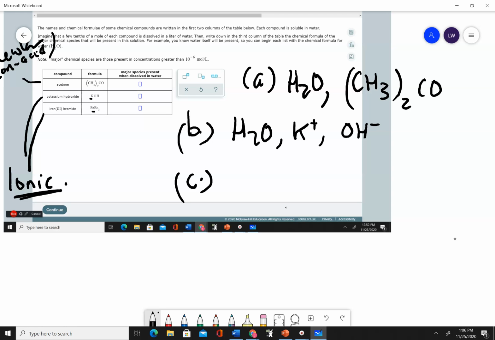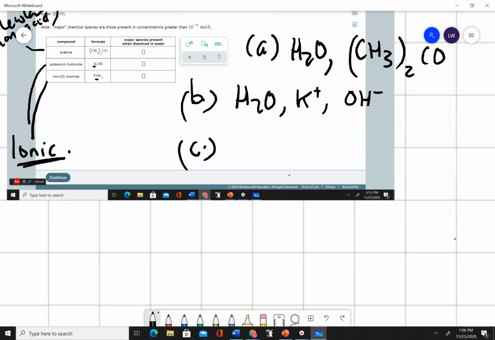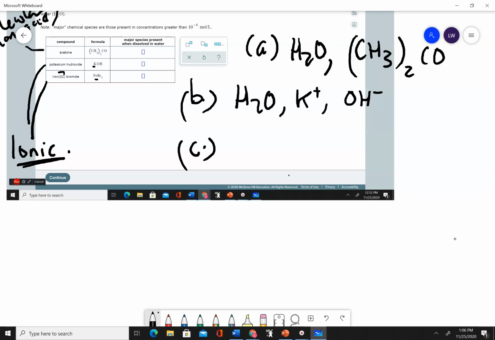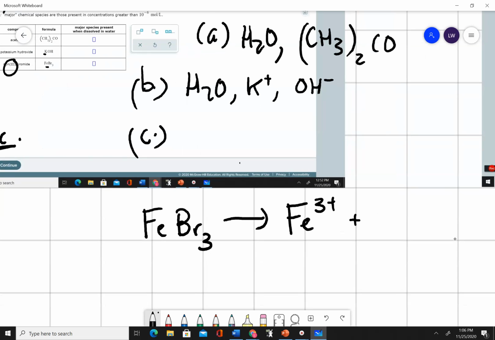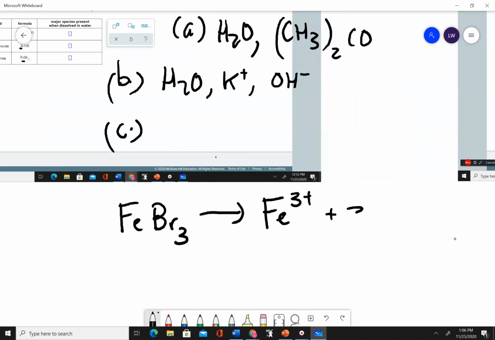Okay, the next one's not too bad because you get the charge of the cation in the name. So we've got FeBr3, and it says it is iron 3+. So we go Fe3+, and then we don't have a polyatomic anion in this case. We have 3 bromides, and we know that they're -1 for 2 reasons.